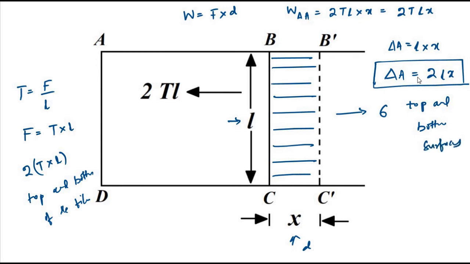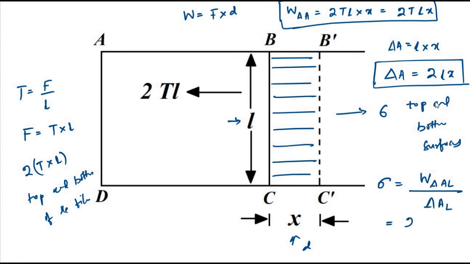So work done in increasing the area is equal to 2TLx, and the increase in area is equal to 2Lx. So surface energy, as per the definition, is equal to the work done to increase the surface area divided by the increase in surface area.